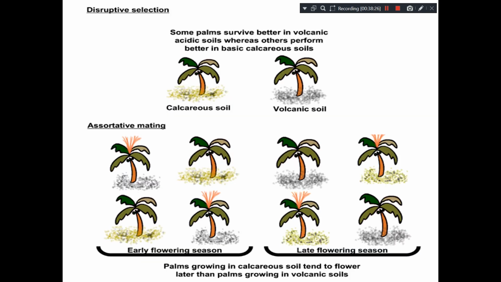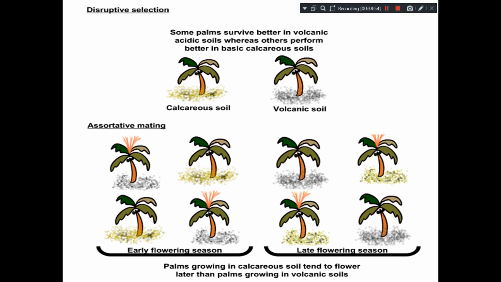See, these are the palms that have been seen with different shapes. Some palms survive better in the volcanic acidic soil, whereas others perform better in the basic calcareous soil.